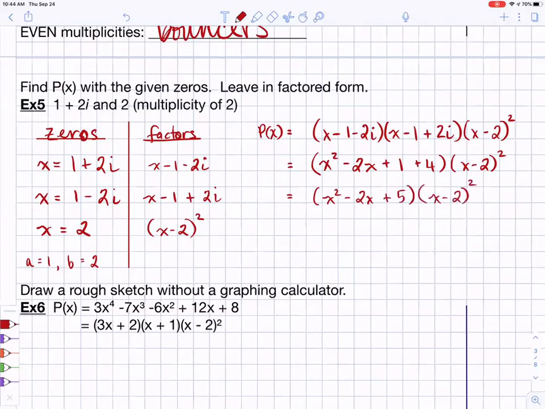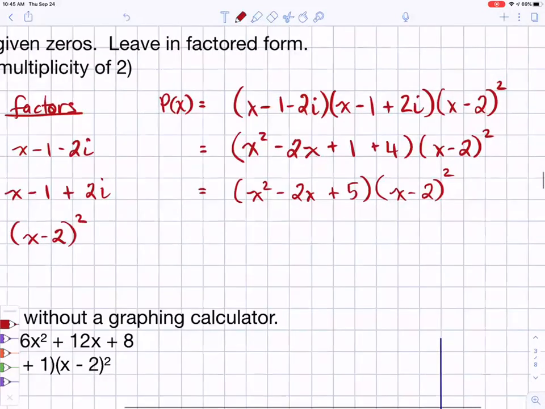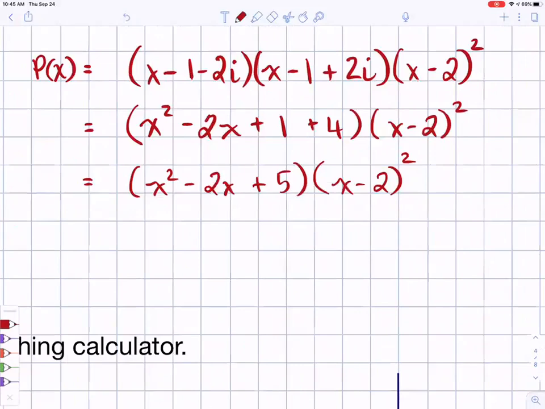If it said simplify, would you have to do that? Yeah, if it said, instead of saying leave in factored form, to get in standard form, then the first thing you would have to do is FOIL out this piece. So it would be an x squared minus a 4x plus a 4 or something like that.